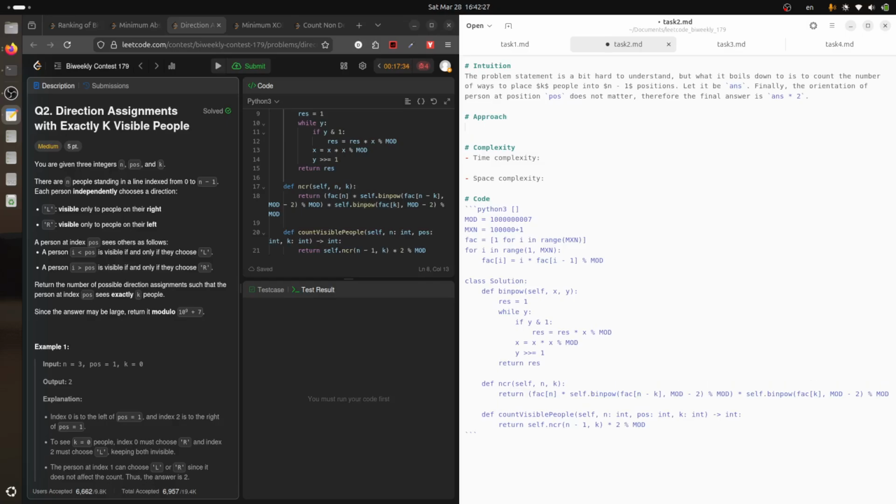Okay, approach to place k people into n-1 positions.